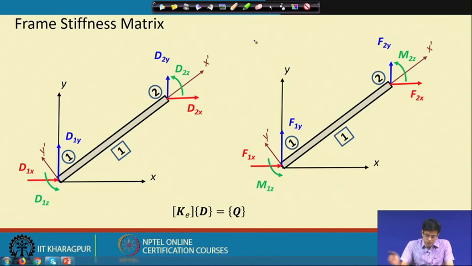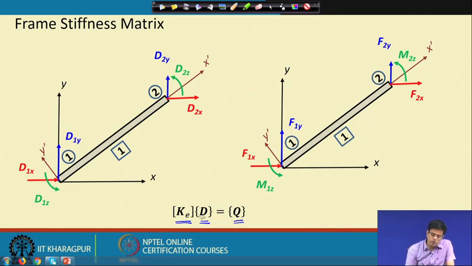This is my force displacement relation where I have not used any prime here, and capital D is my global degrees of freedom, or the degrees of freedom for that particular element in the global coordinate system, and capital Q is the forces in the structural or the global coordinate system. So, this is the equilibrium equation.